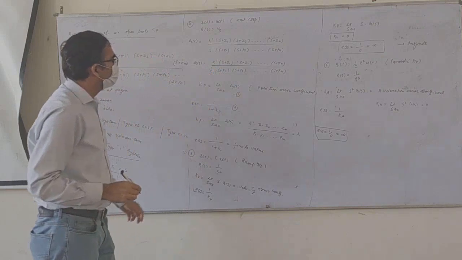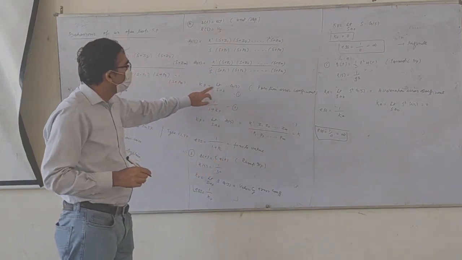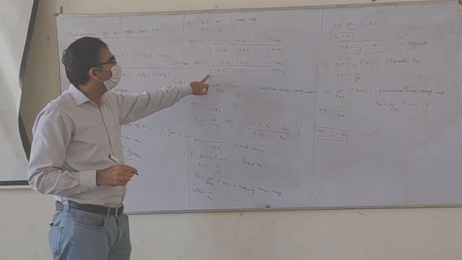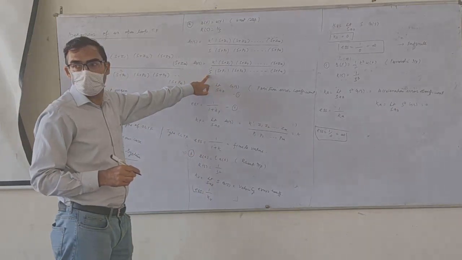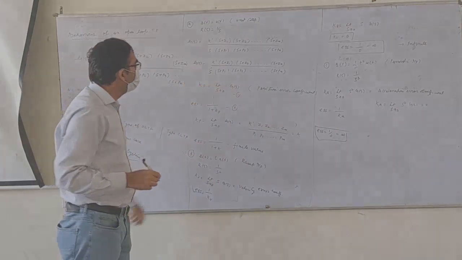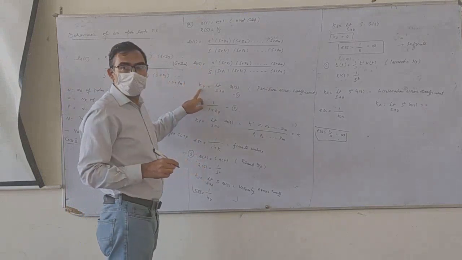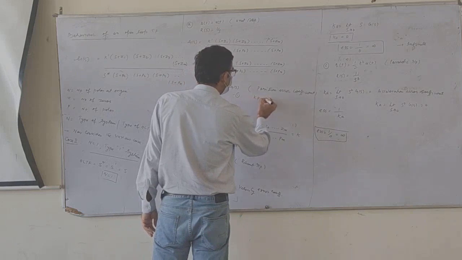Whenever we are having s, g of s is this complete. So the denominator will be 0. When this will be 0 at the denominator, then Kp will be what? Infinity. So we have the Kp value here as infinity.